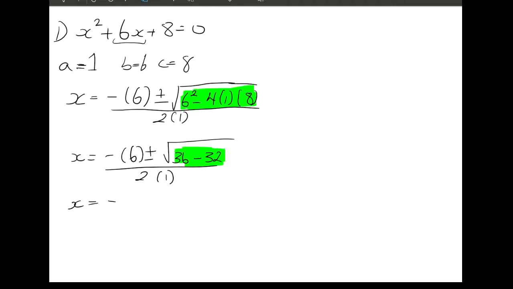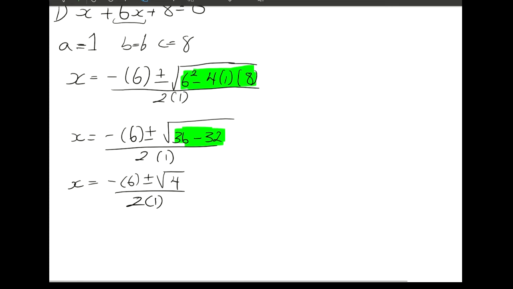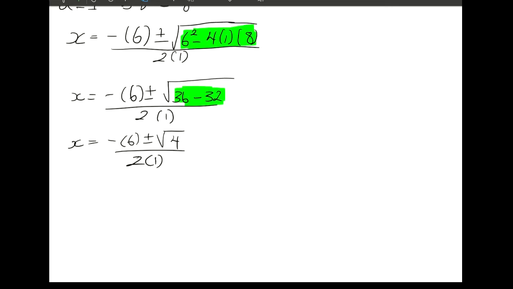So we have the square root of 4, which is 2, and the denominator is 2 multiplied by 1, which is 2. Now we can look at the other things. This negative sign contaminates the 6, which is by default positive because it doesn't have a sign, so the 6 becomes negative 6.